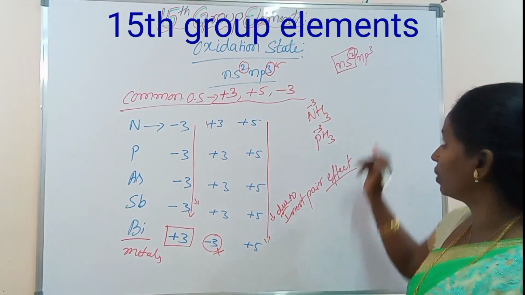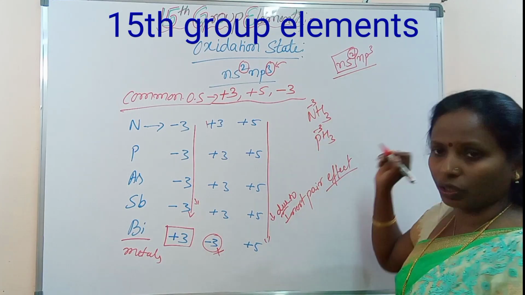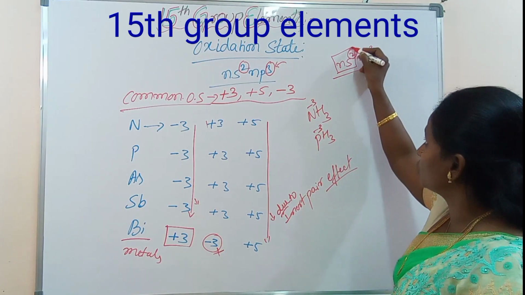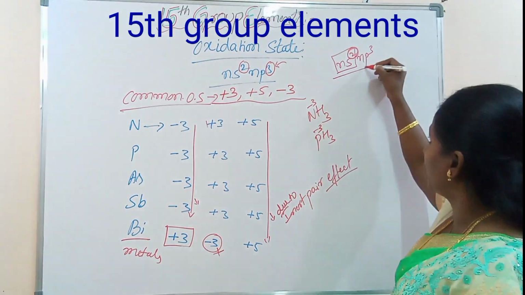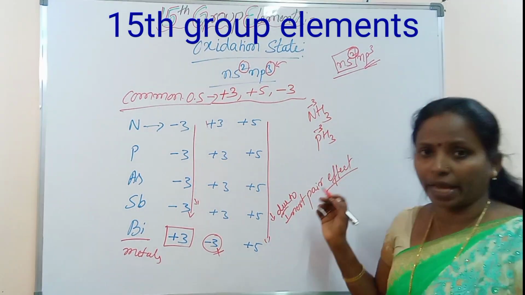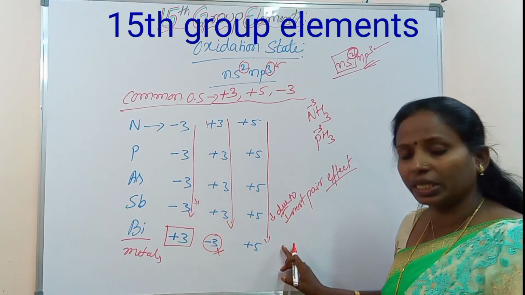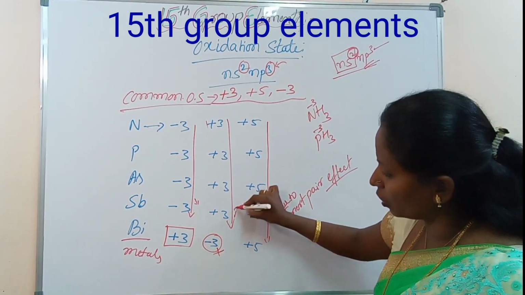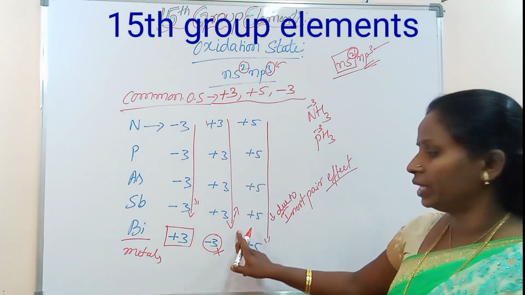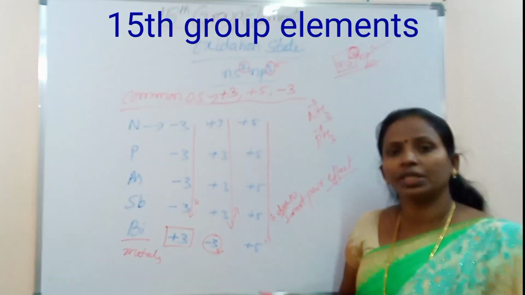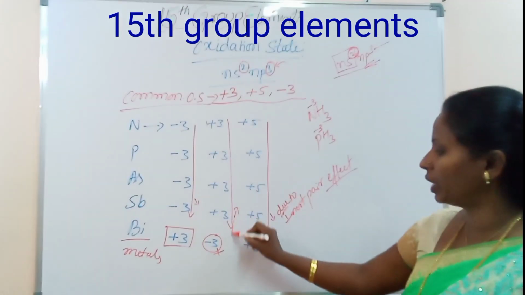What do you mean by inert pair effect? In this general electronic configuration, the s2 electrons are not involved in chemical reactions, only the p electrons are. The stability of +5 decreases down the group, but the stability of +3 increases down the group due to the inert pair effect.